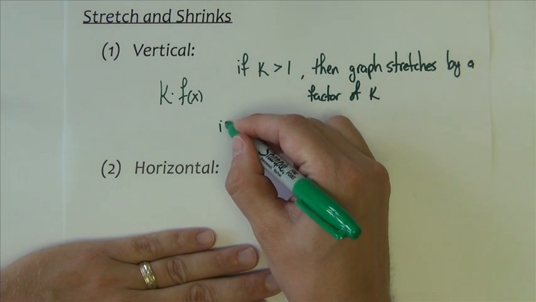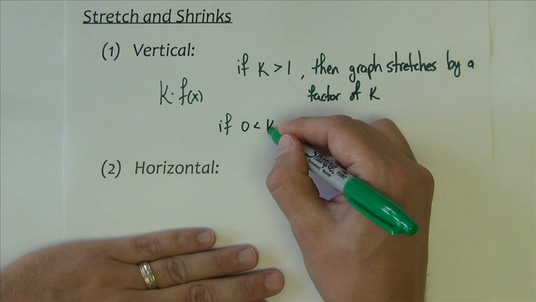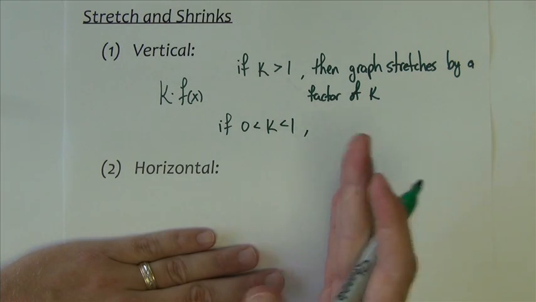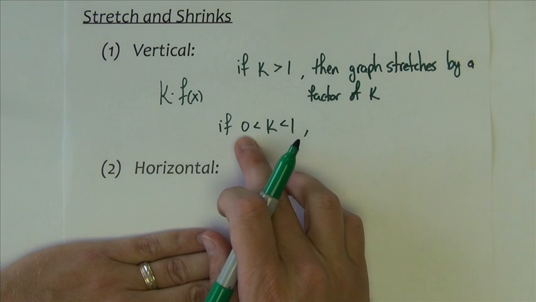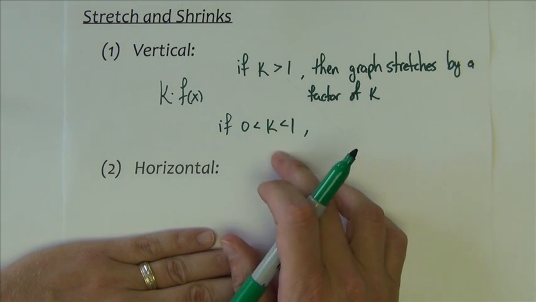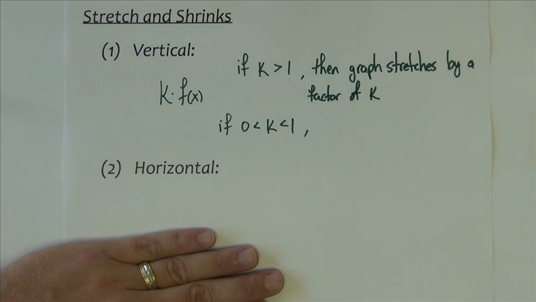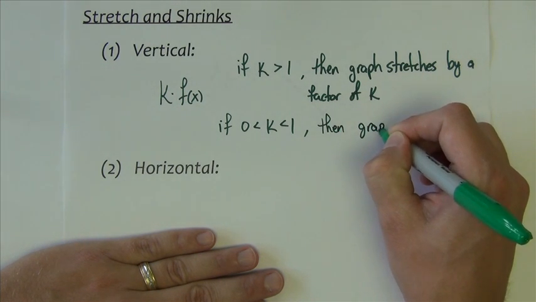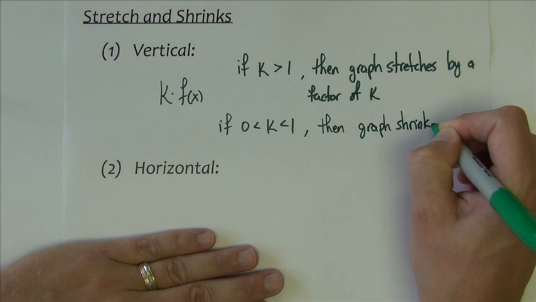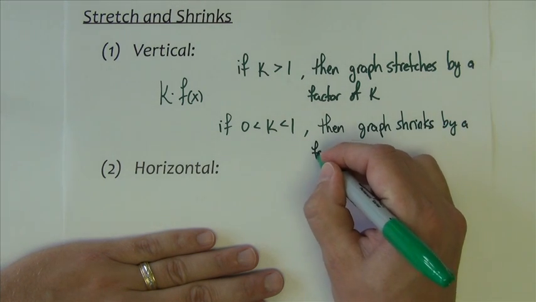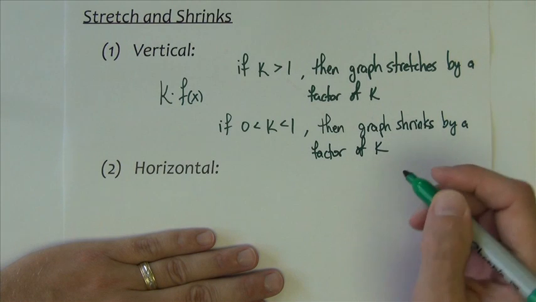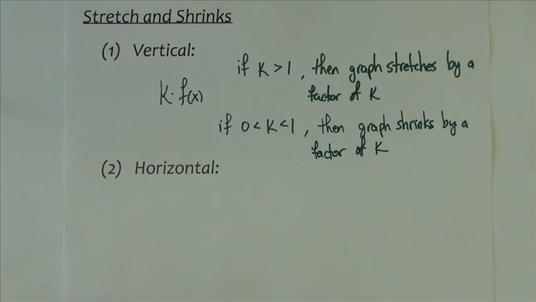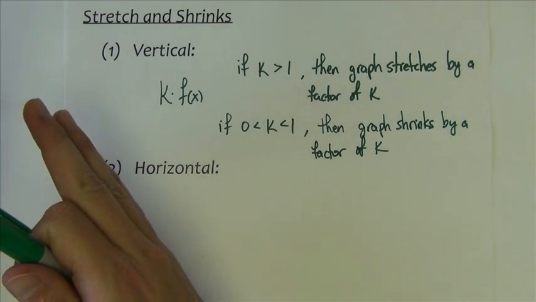If, on the other hand, K is less than 1, but I capped it at 0, so between 0 and 1, like a half, a third, 2/3, 3/4, whatever, just not negative because negative is reflection, then the graph shrinks, again by a factor of K. Okay, so just like we've seen previously, K is outside the f of x.